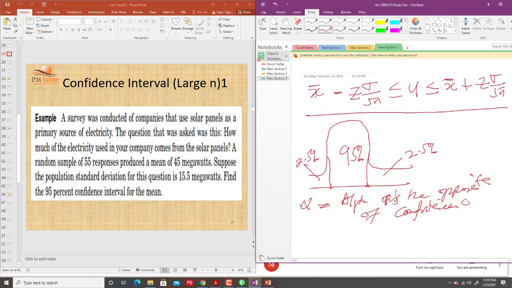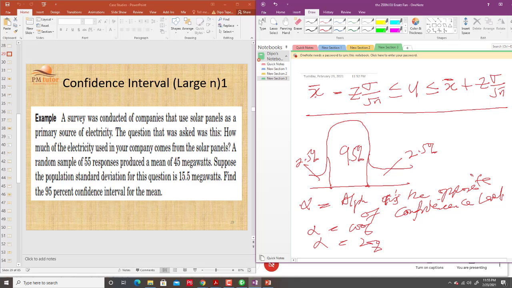So what I'm trying to say in essence is that if someone tells you to get a 90% confidence level of the mean, that means alpha will be 10%. If someone tells you the confidence level is 80%, alpha will be 20%. So alpha is just like a complementary value to get 100% for the confidence level.